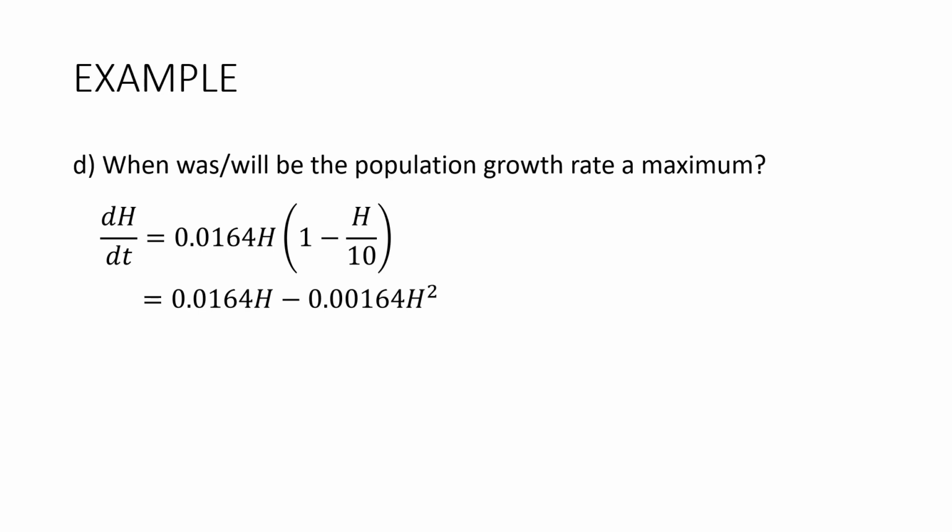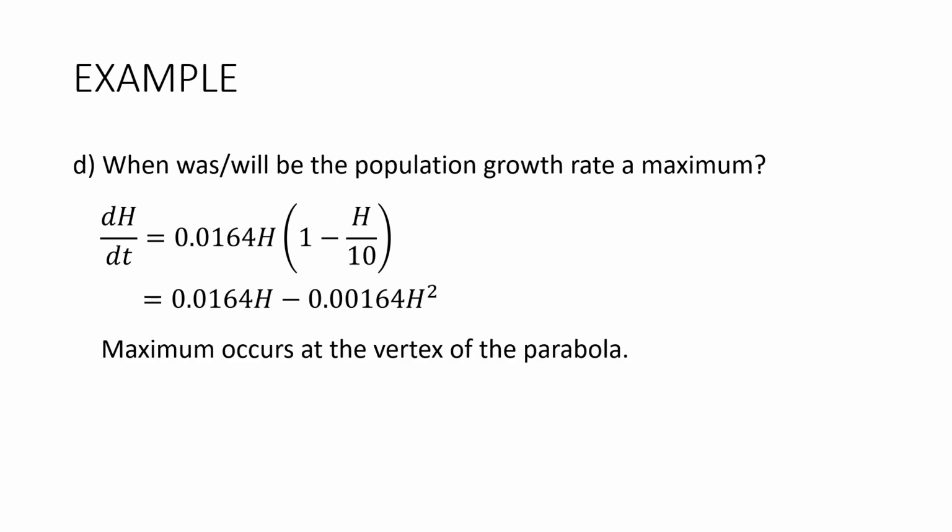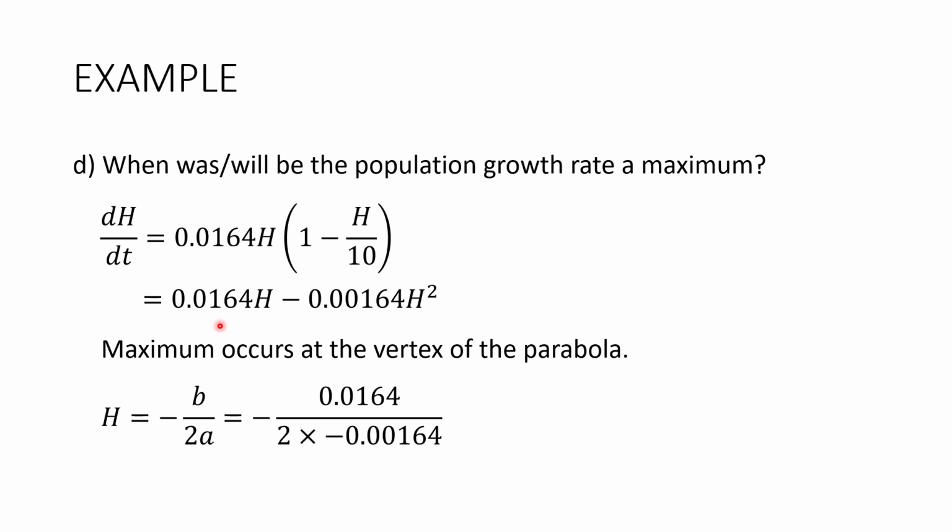So it's equal to 0.0164H minus 0.00164H squared. And of course, the maximum occurs at the vertex of the parabola, which is minus b on 2a. So b is 0.0164 and a is negative 0.00164. Substituting it into the formula, we have H is equal to 5.